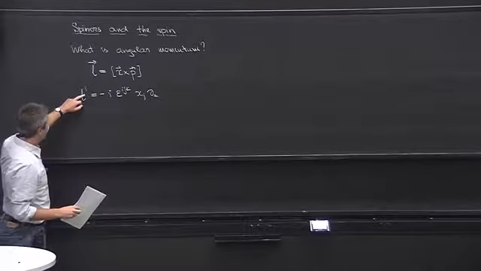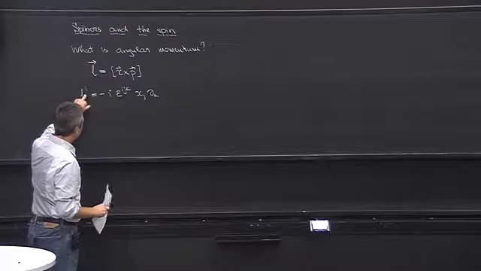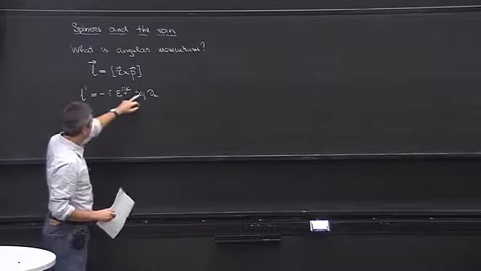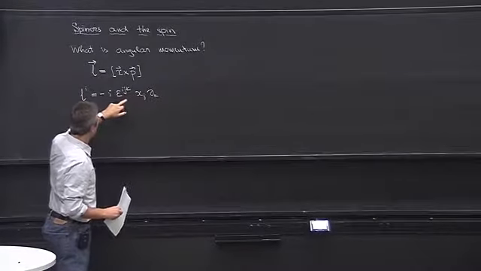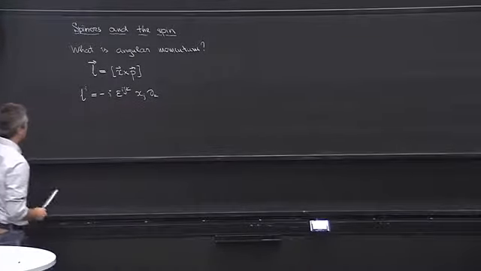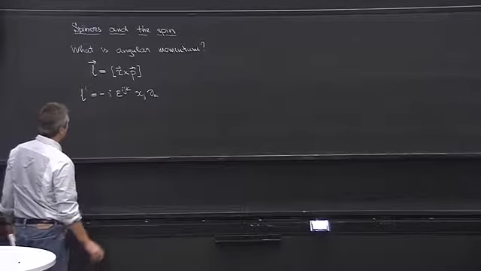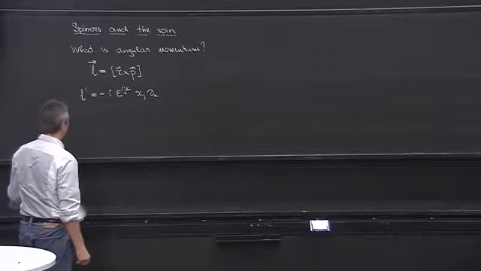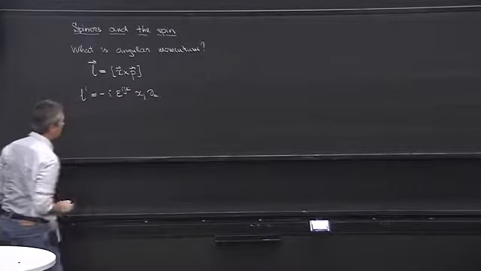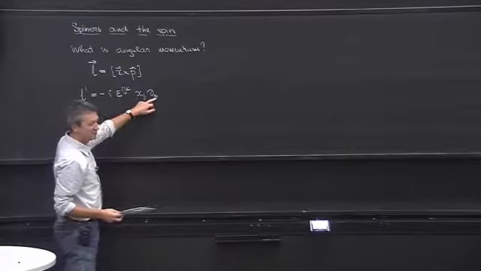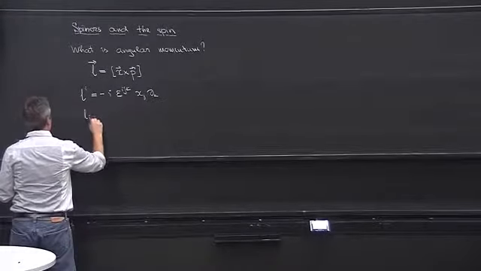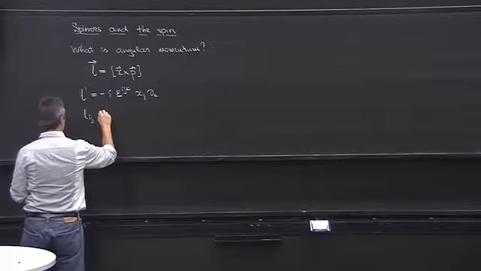Then the angular momentum operator is given by the product of x and p, contracted with the epsilon symbol. We can equally well characterize it by just this product without the epsilon symbol, which antisymmetrizes in indices j and k.